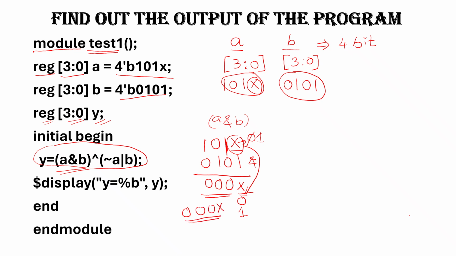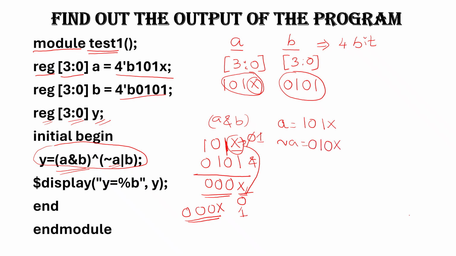Then come to the next operation, not of A or B. First I complement the A value. A value is 1, 0, 1, don't care. After taking the 1's complement, A value is 0, 1, 0, don't care.